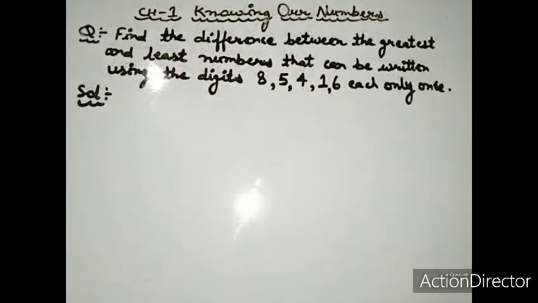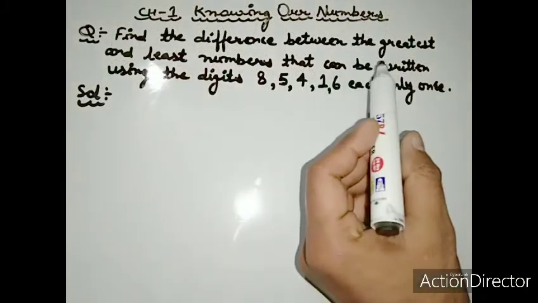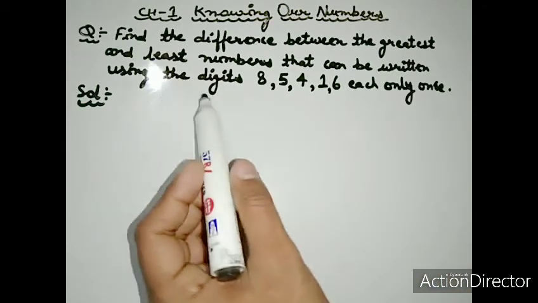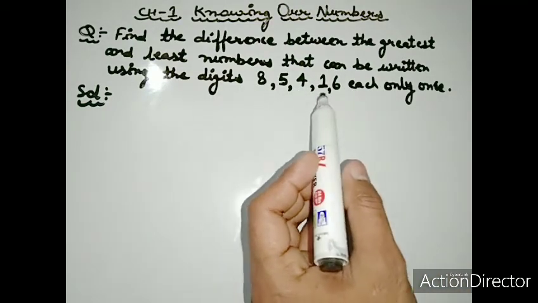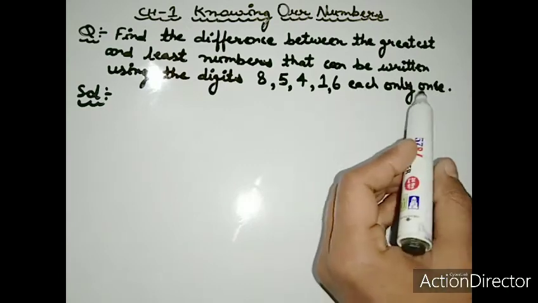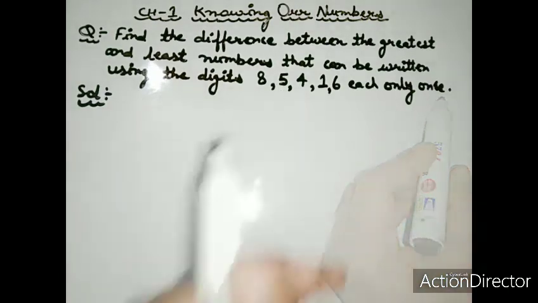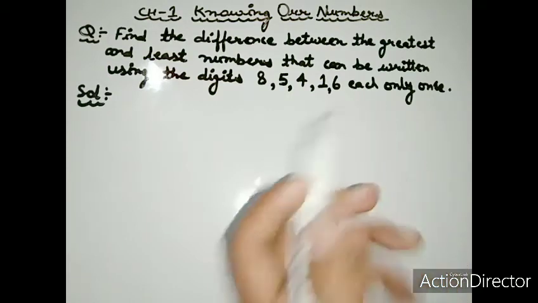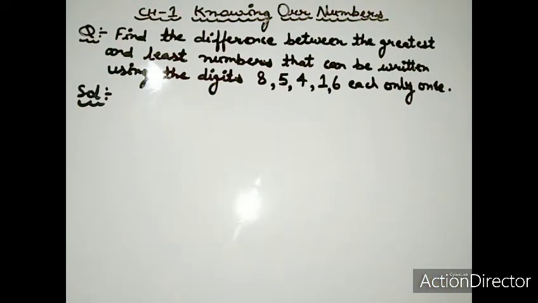Now here we take another question. Find the difference between the greatest and least numbers that can be written using the digits 8, 5, 4, 1, 6 each only once. Here we don't repeat the digits and use each only once. Now here first we write the greatest number, and you all know that if you write the greatest number then we write the digits in descending order.